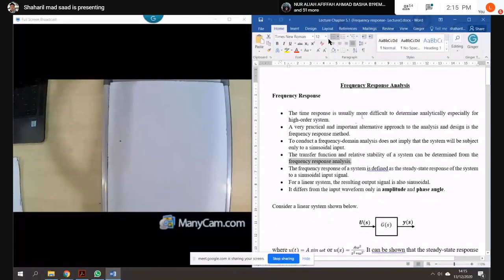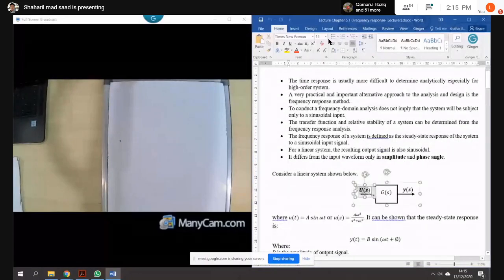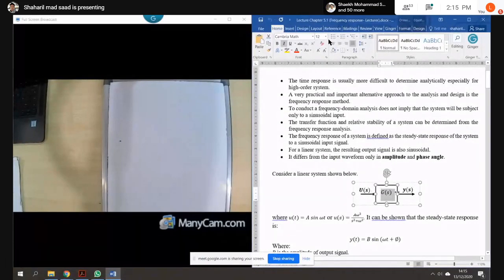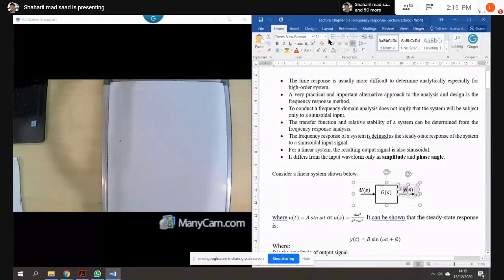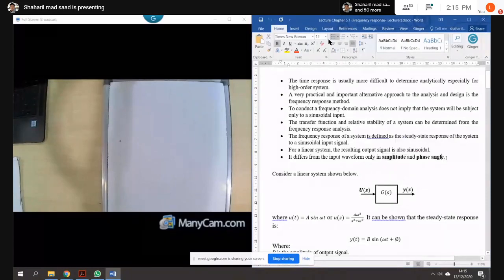So the concept of frequency analysis: when you have some input here, and then of course you have some output, and then this is your gain or your controller, right? The difference between the output and input is only the amplitude and the phase angle.